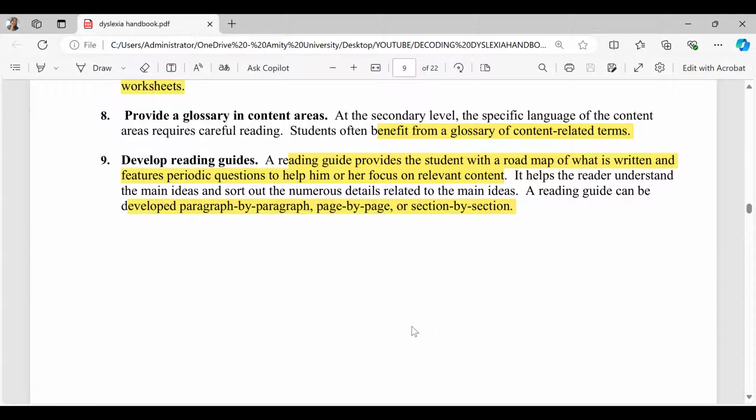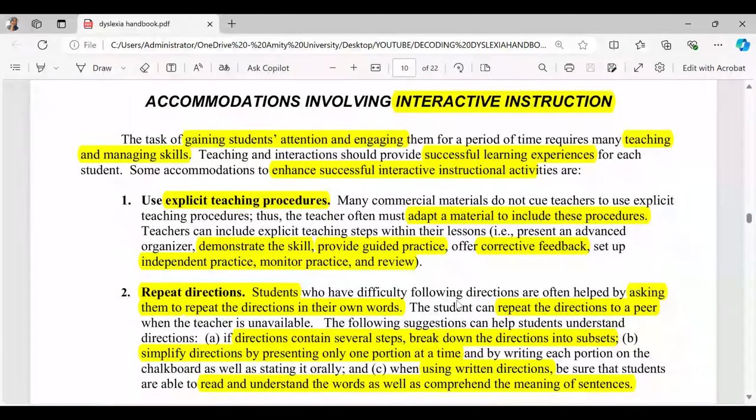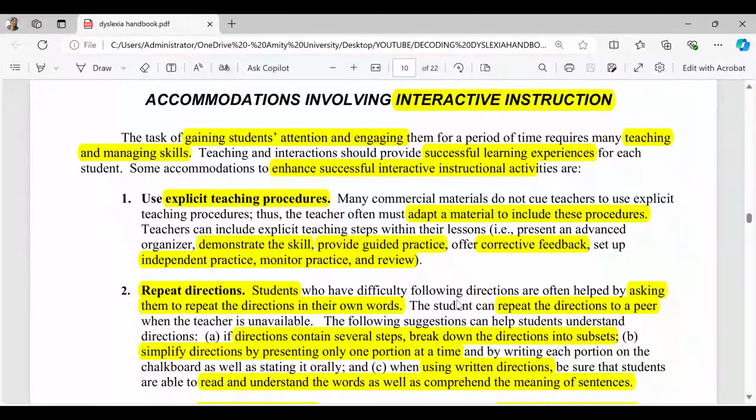A reading guide basically includes a simple explanation of that topic. So one page has one reading guide, the second page has different simple instructions or a simple explanation of that concept. Now, accommodations involving interactive instruction.